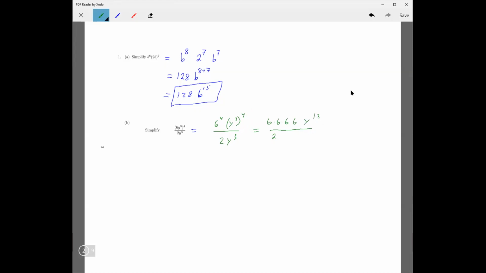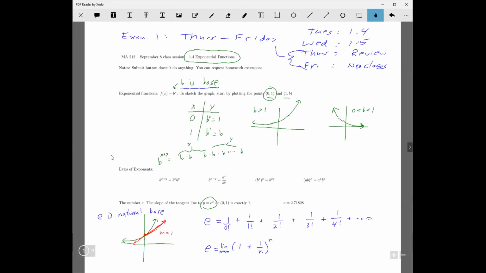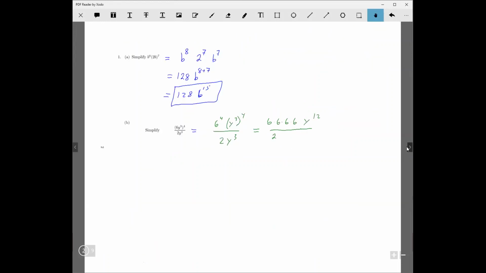I'm using this property here, where you have some number raised to the x, then all that quantity raised to the y. So you have all that quantity raised to the 4th. So this is y cubed, all raised to the 4th power. That's y to the 12th. And then we still have the y cubed there.